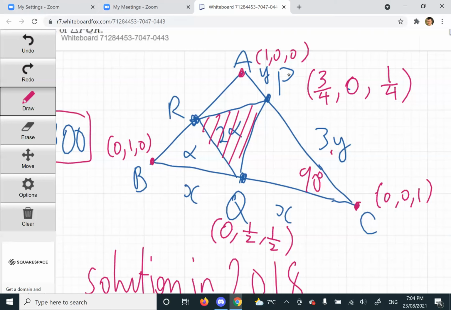So if you put 3 times as much weight at A, it should be closer to A, right? Okay. And what else?